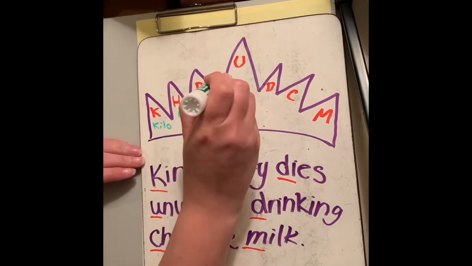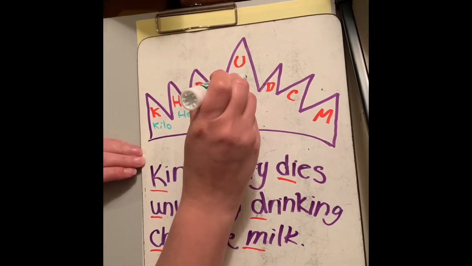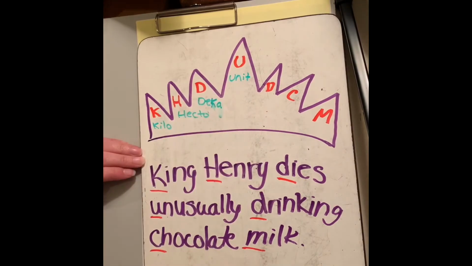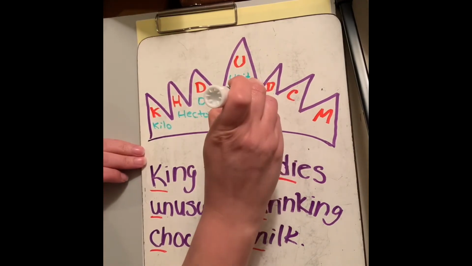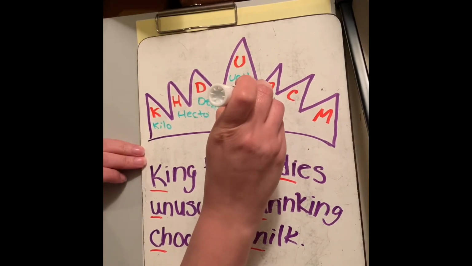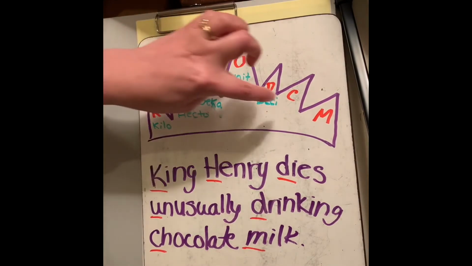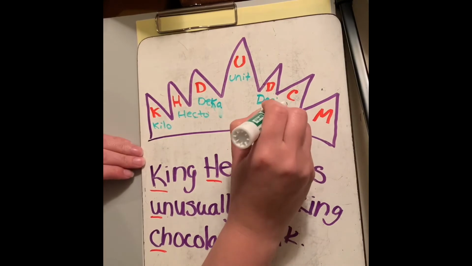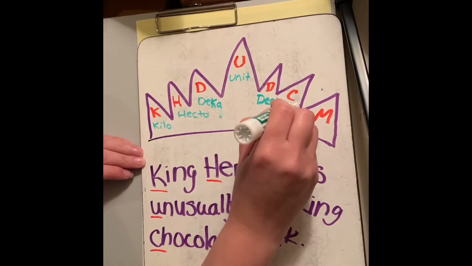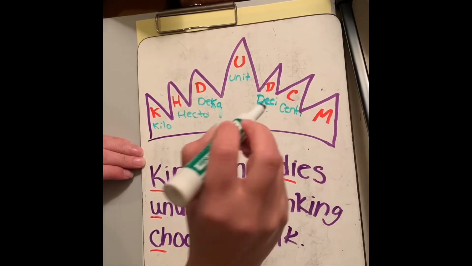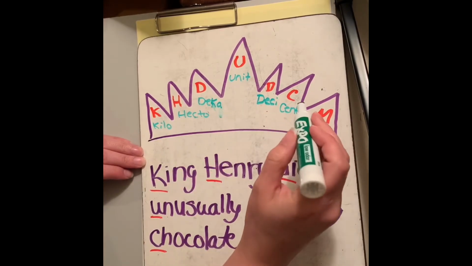This U stands for our unit, depending on what kind of unit of measurement we're using. This D going this way stands for deci. You'll notice it's spelled different than deca. C, centi. And M for milli.